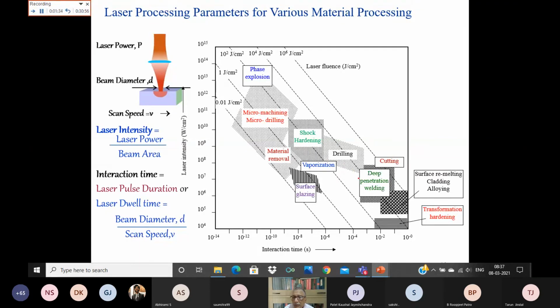Okay, here when the vaporization is taking place, and you can also go at high power density, laser shock peening you can do.